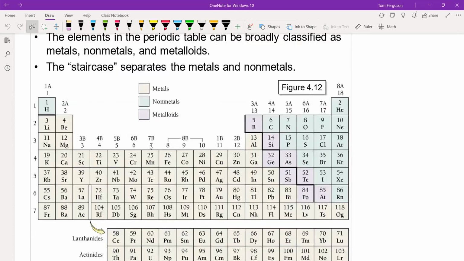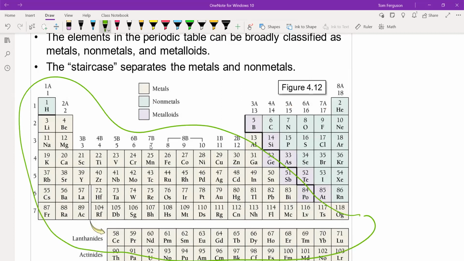There are 3 main groups of elements. The biggest group is called metals. And what's the opposite of metal?